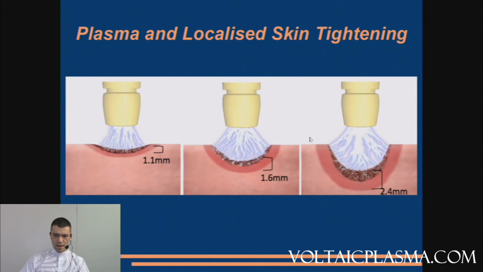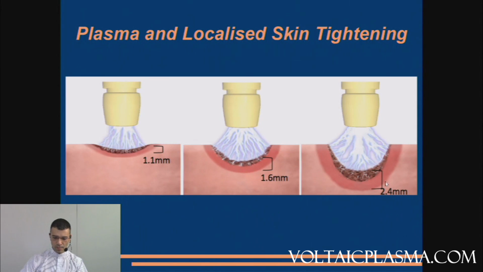And this is another picture that we show you. Say on the left picture, we have a 1.1 millimeter ablation, and this is very likely due not only to the power setting of the device, but to the duration of that ablation. Say if you use it for half a second and then you ablate the area for 1 second, then the area ablated is much larger, and the heat propagated is also higher, and so on.